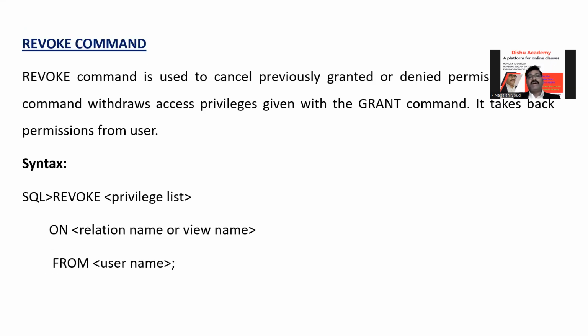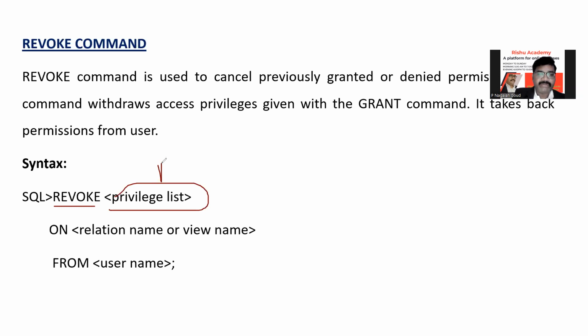Next, I want to take the privileges back. Assume that in the previous example, I have given all the privileges to ABC user on employee table. Now I want to take all the privileges back. For that, the general syntax is to write the revoke keyword, then the privilege list.